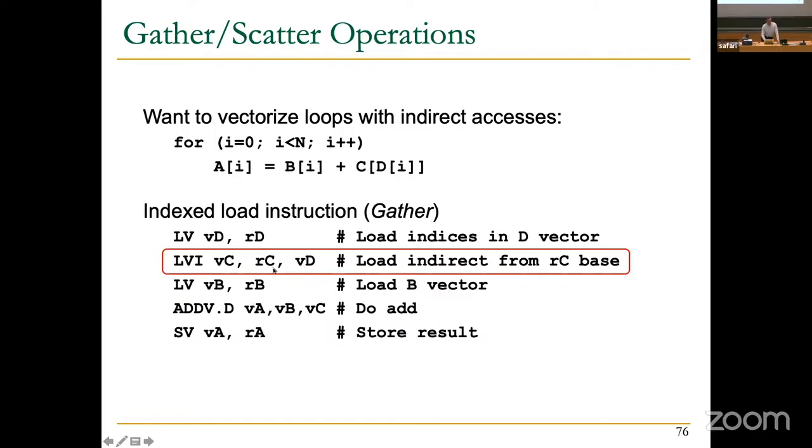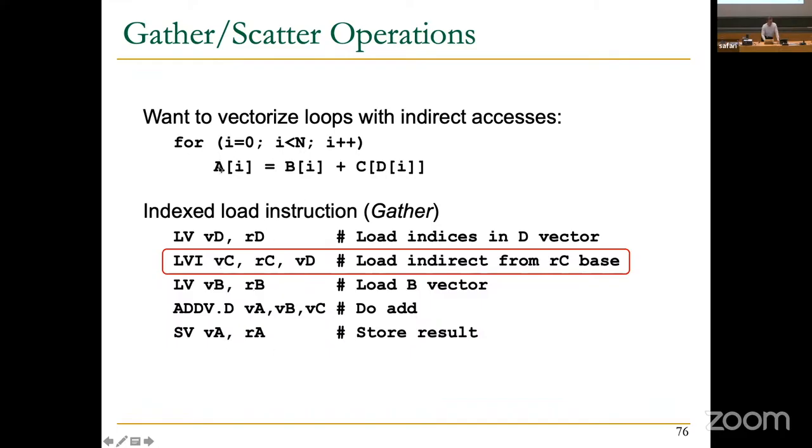What this instruction will do is, so here you have a vector of indices that are specified by D, and then we do a load indirect where you take RC and add the index to it, for each element of this vector, and then load it into consecutive elements of vector C over here, okay? And then you can actually do the rest.